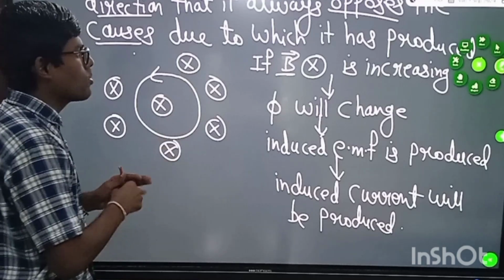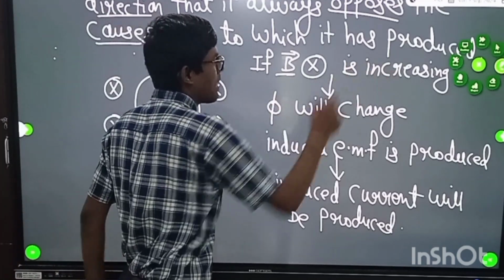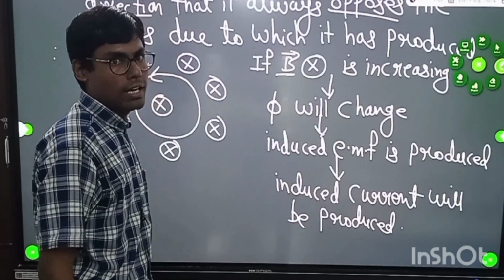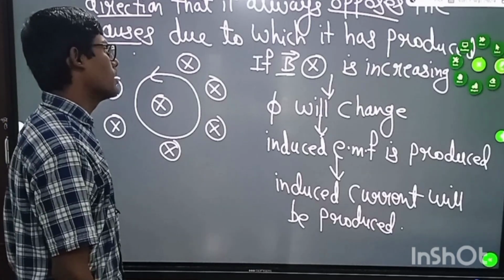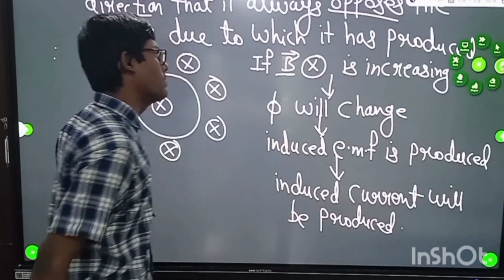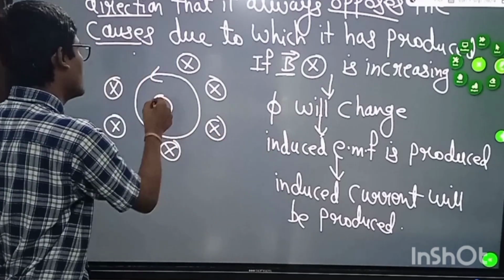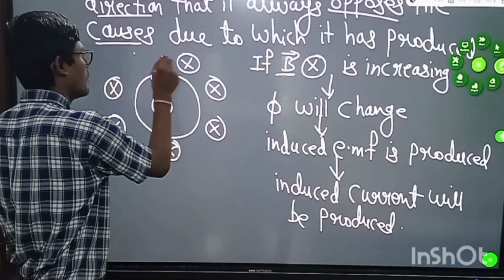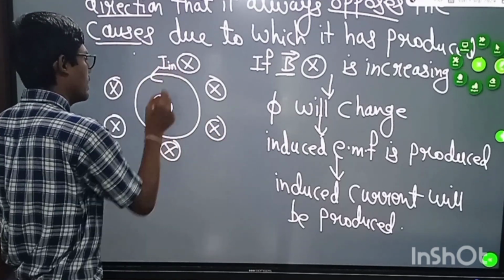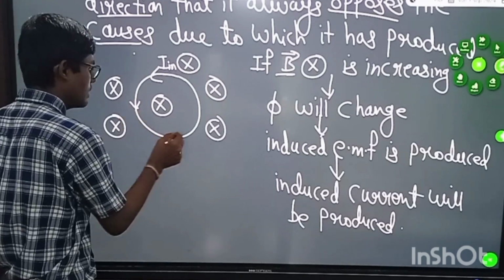So this will oppose the increasing magnetic field. So the magnetic field which is increasing will decrease due to this induced current. Okay.